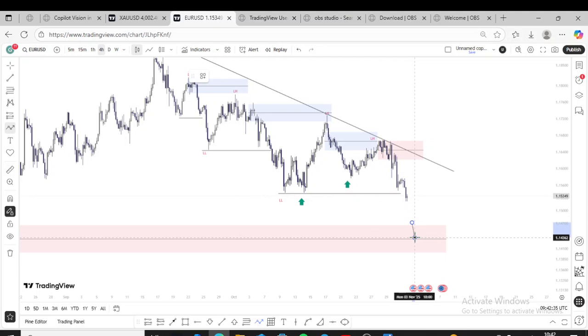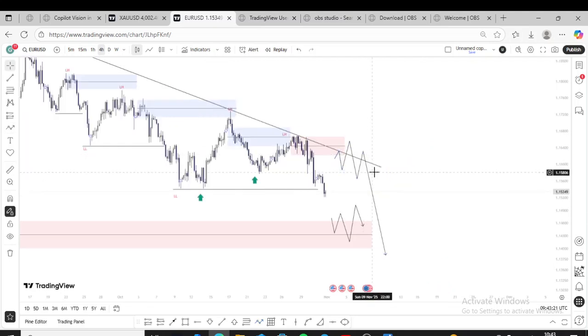Same as this point also. If the market gets to this point first, I don't know when it's going to do that, but I'm going to look for this movement right here and continue the bearish overall structure that I'm saying. Whichever of this happens first, if it's the buys, good, I'm going to be taking it.